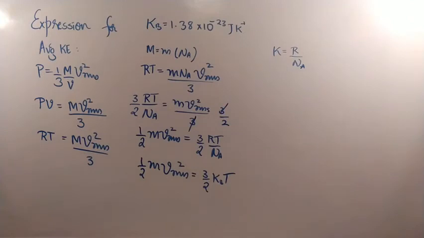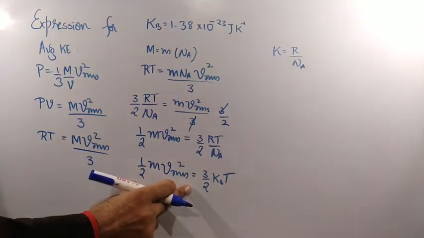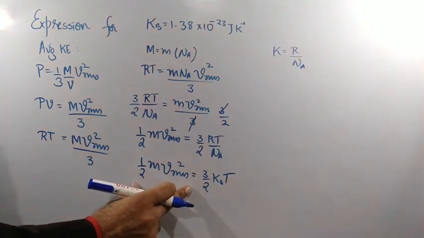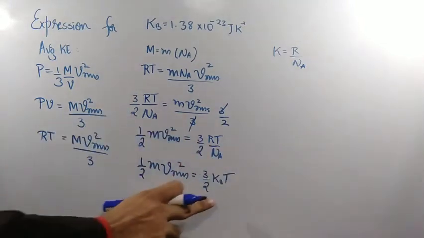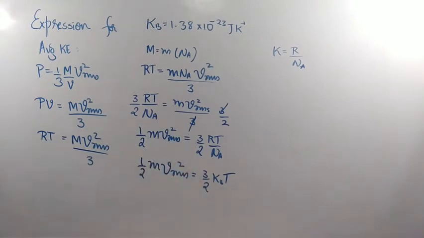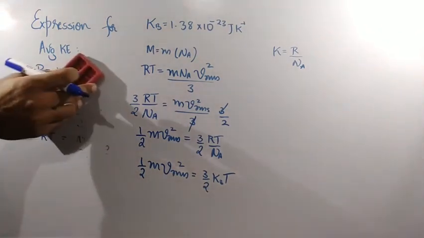Now, in assumptions I had told you one line: kinetic energy of the gas molecules is dependent on temperature. k_B is constant, 3 is constant, 2 is also constant. So we arrived at an expression that the kinetic energy of the gas molecule depends on absolute temperature.